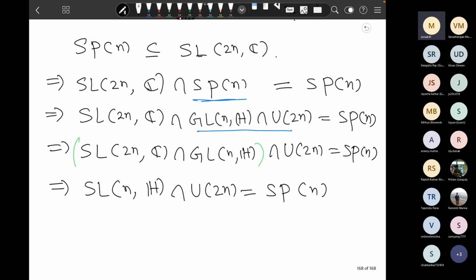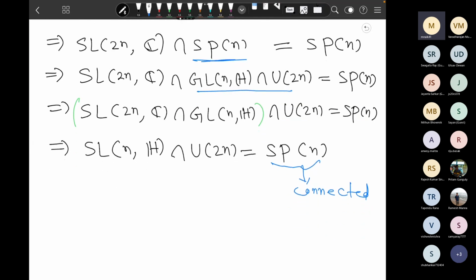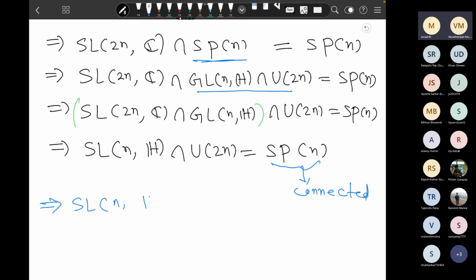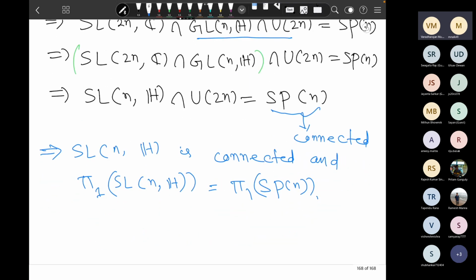Now Sp(n) is connected and SL(n,H) is pseudo-algebraic and closed under conjugate transpose. This implies SL(n,H) is connected and pi1 of SL(n,H) is equal to pi1 of Sp(n).